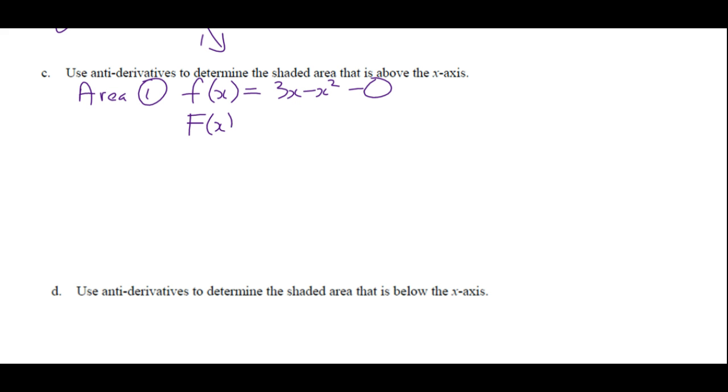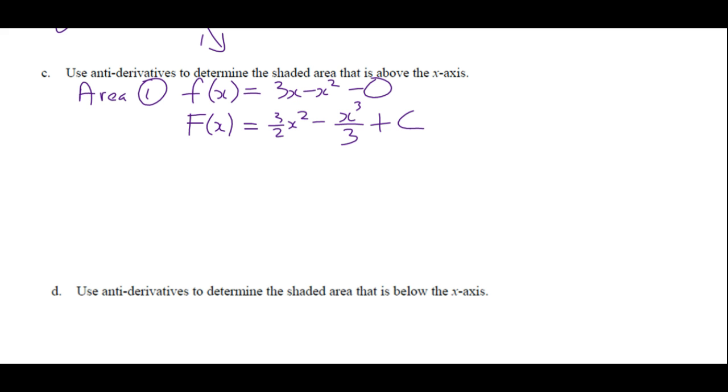Capital F of x is equal to what? 3 halves x squared minus, use the anti-power rule, x cubed over 3, yeah. Plus some constant, right, which we are going to conveniently ignore when we do this, right?